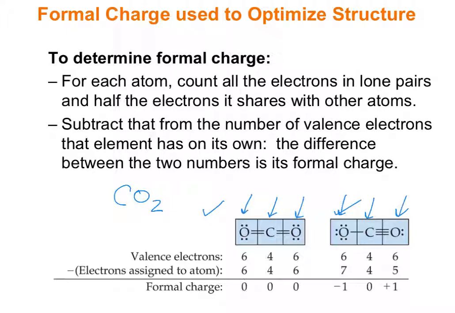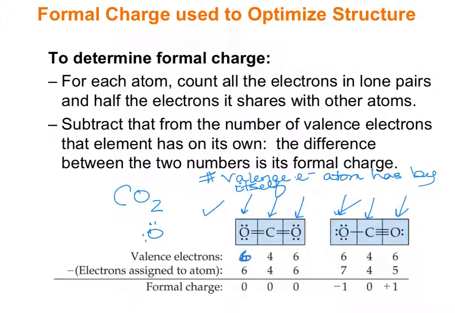So what I do to determine formal charge is I use the following. I start with the number of valence electrons that the atom has when it's by itself, the number of valence electrons an atom has by itself when it's not in a compound. So let's go ahead and do that for oxygen. Oxygen is in group 6A, right? So it has 6 valence electrons when it's all by itself.